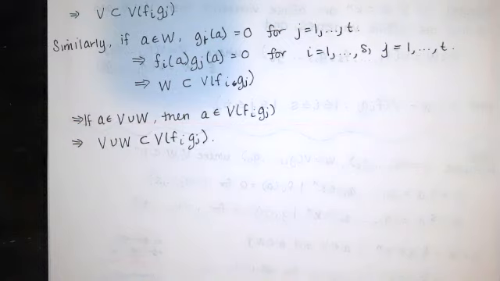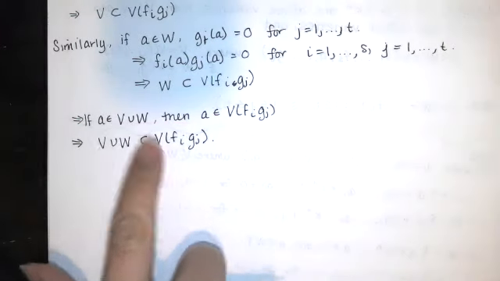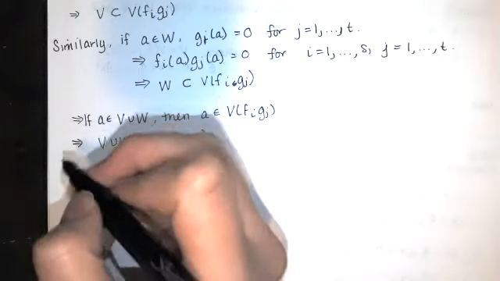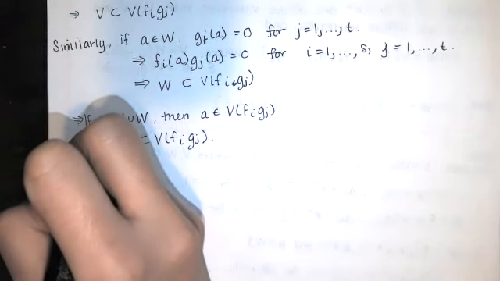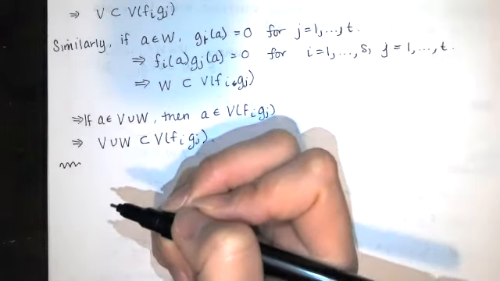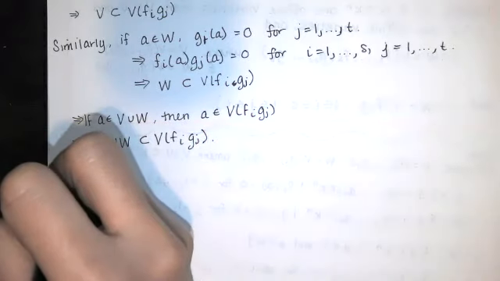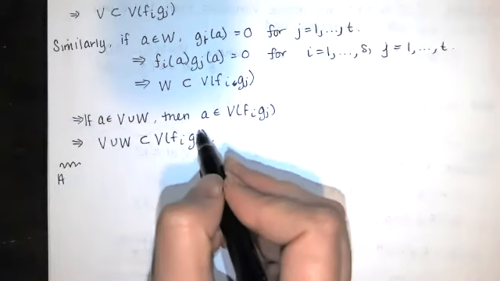Now we want to show that it also goes the other way, that any member of this set has to belong to the union. So now we want to assume that we're in this set and then show that we have to be in the union.